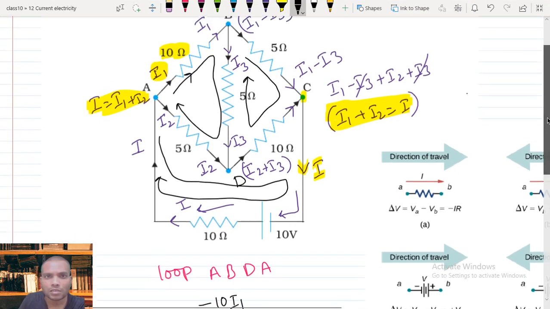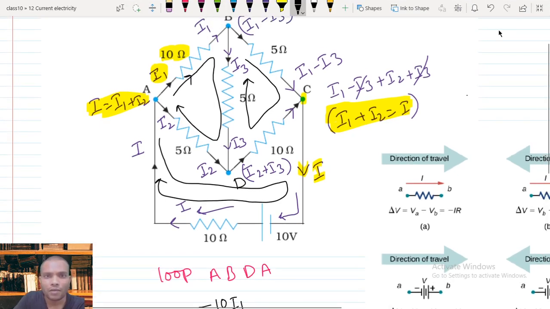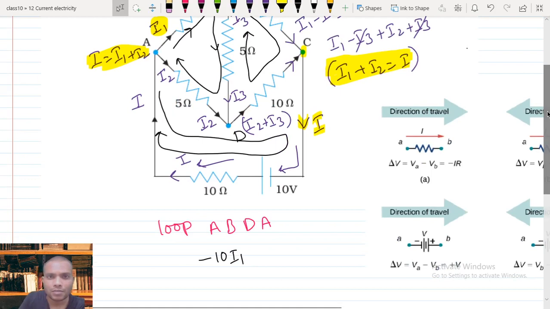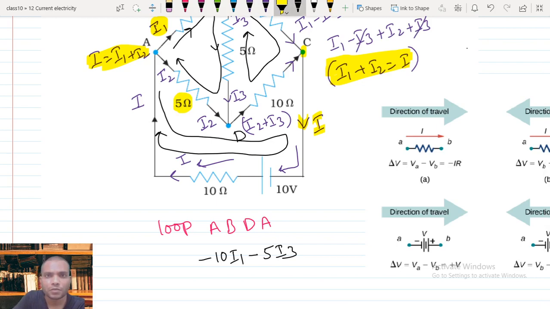When it comes to the same loop and the 5 ohm resistance, I3 is the current across the 5 ohm resistance, and my direction of travel and the current direction are in the same direction. Again, if it is in the same direction, we take that as negative. That gives me minus 5I3. And when it comes to one more 5 ohm resistance across the A to D branch, my direction and the current direction are opposite.